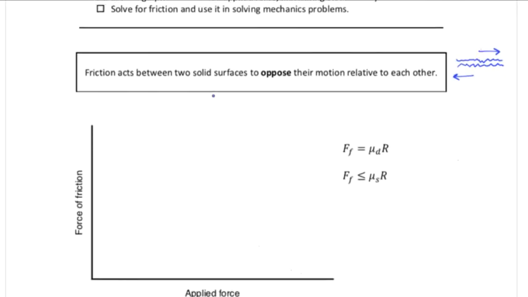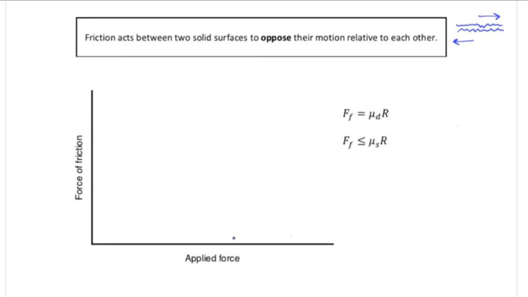So now let's take that into consideration and graph the force of friction against the applied force. When the object wasn't moving, we saw that as we increased the applied force, the force of friction increased with it. So there's a direct proportionality between those two. However, we got to a certain point where the object started moving, say it starts moving right there, and then the force of friction dropped off.